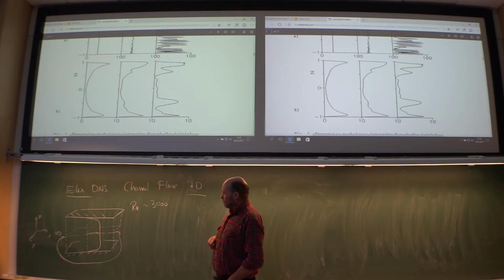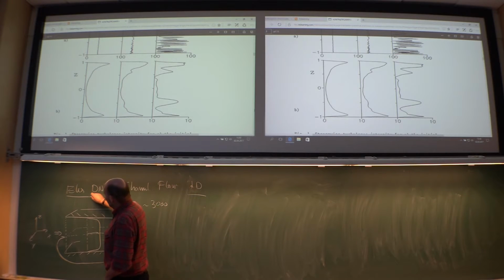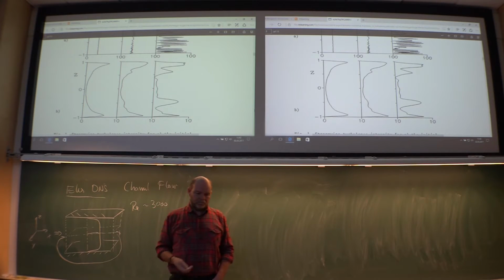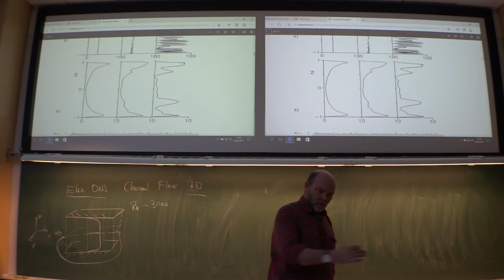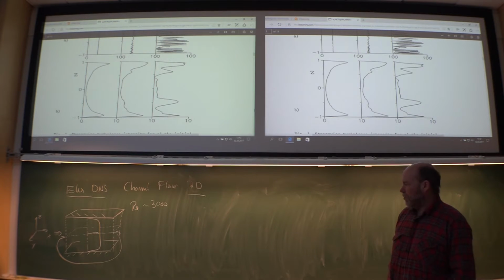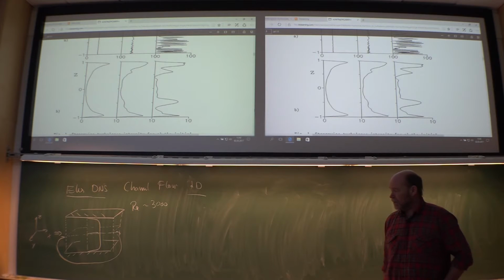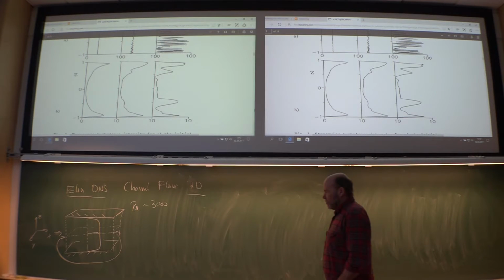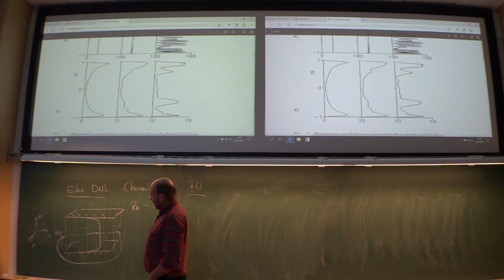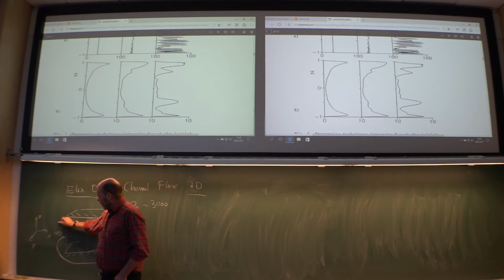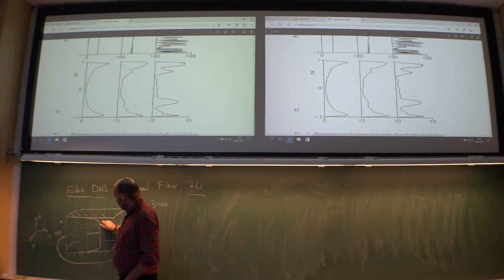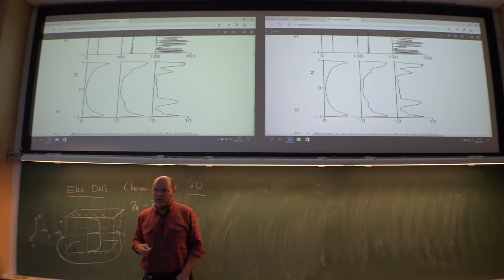And this is also something you should keep in the back of your head. We say with the DNS, we resolve everything. We just solve the Navier-Stokes in detail all the way down to Kolmogorov, more or less. So people can imagine that you are simulating a channel flow, meaning if you drop a feather somewhere in the beginning, then you could trace that feather exactly, how it moves and where it will exit on the other end.